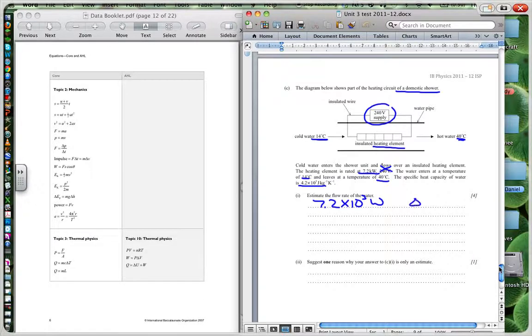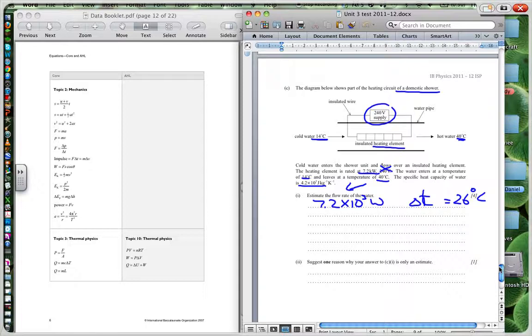So the change in temperature of our water is going to be 26 degrees Celsius. We want to estimate the flow rate of the water, so we're going to want to find a kilogram per second.